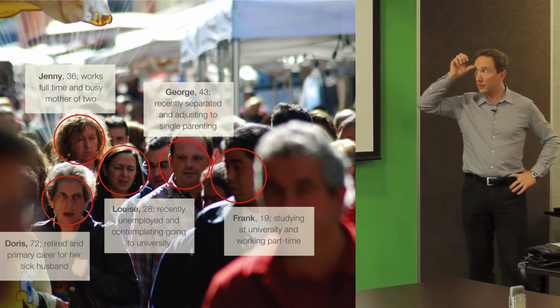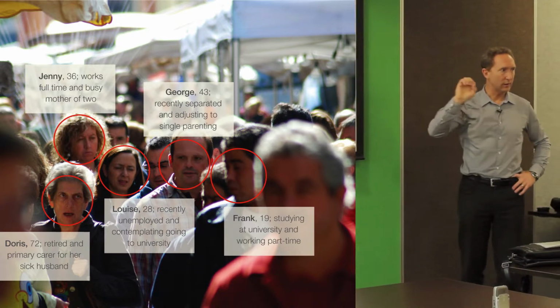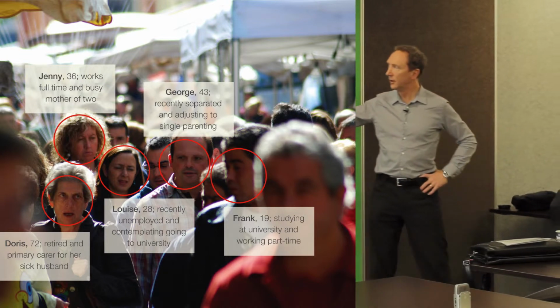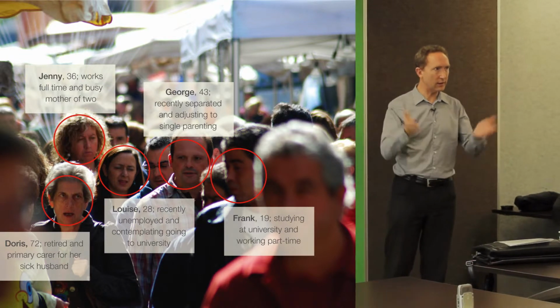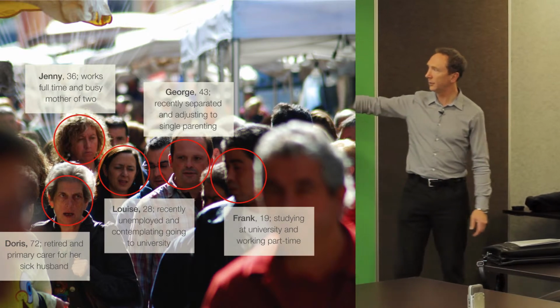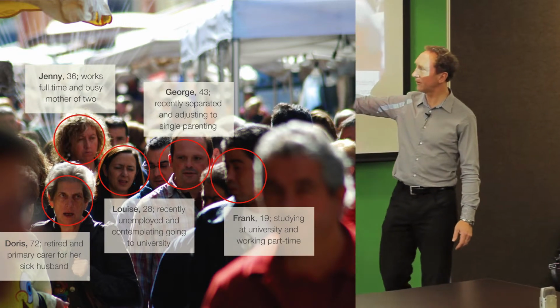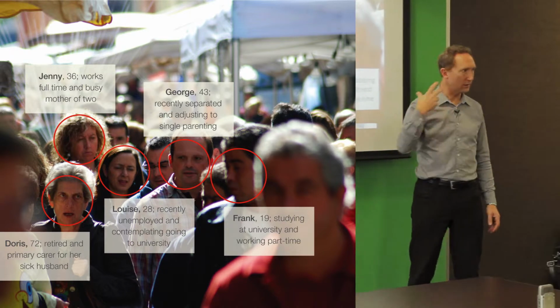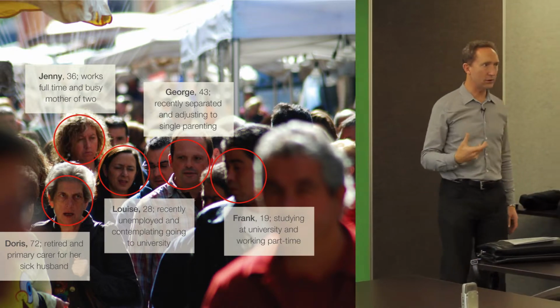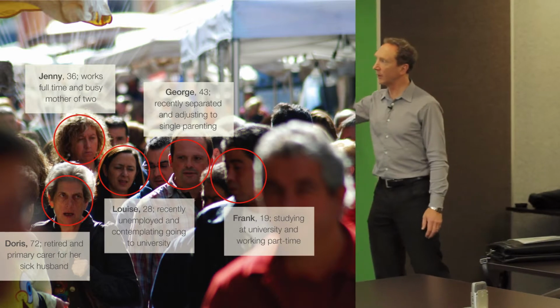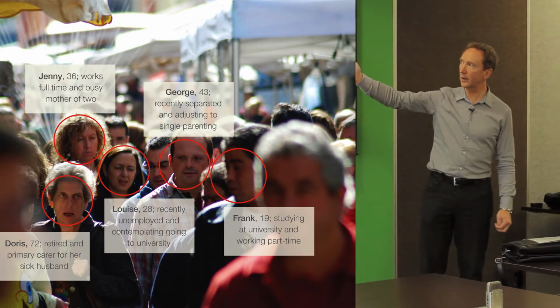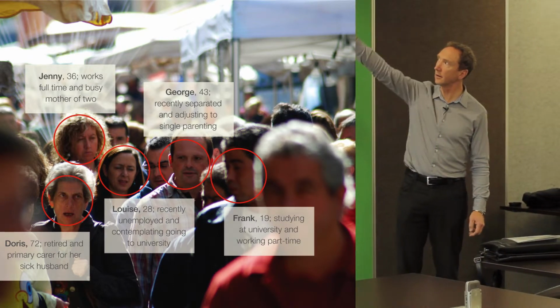So at first, what seemed like a faceless crowd, when you zoom in and get inside it, here we have a student, part-time worker. Here we have someone recently unemployed, thinking about maybe going to do some further study. We've got a retired person who's a primary carer for a sick husband.